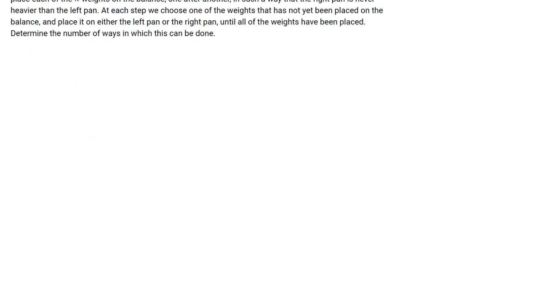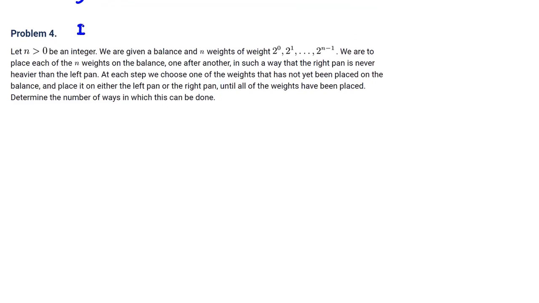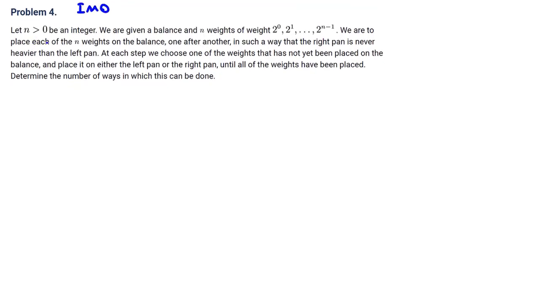Now, let's try this problem from IMO related to recursive sequences. So read the problem.